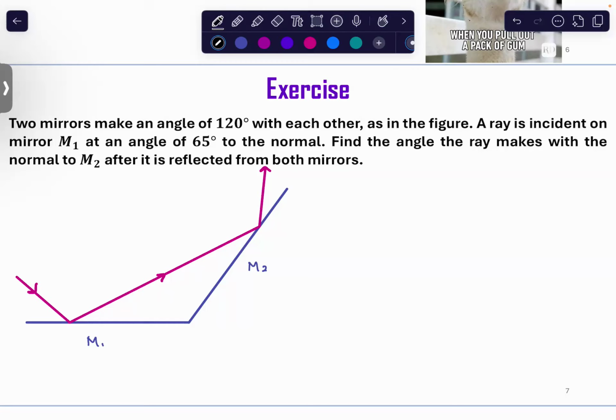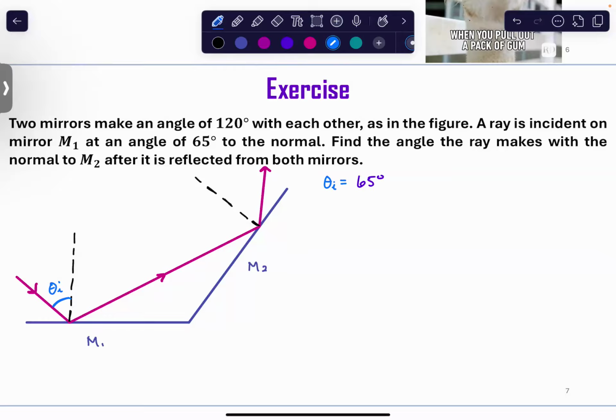Now the normals to the surface are going to be these straight lines perpendicular to each mirror. Or as perpendicular as I can make them. Okay, so we have theta I, that's our incident angle. That's 65 degrees.